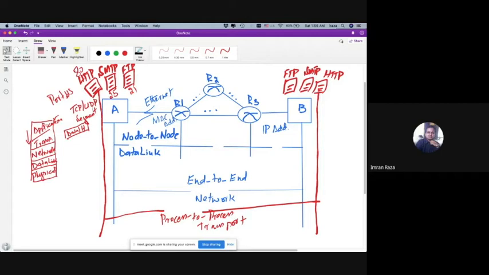Okay, so as the data is transferred from the transport layer to the network layer, this TCP or UDP segment is encapsulated inside a datagram.